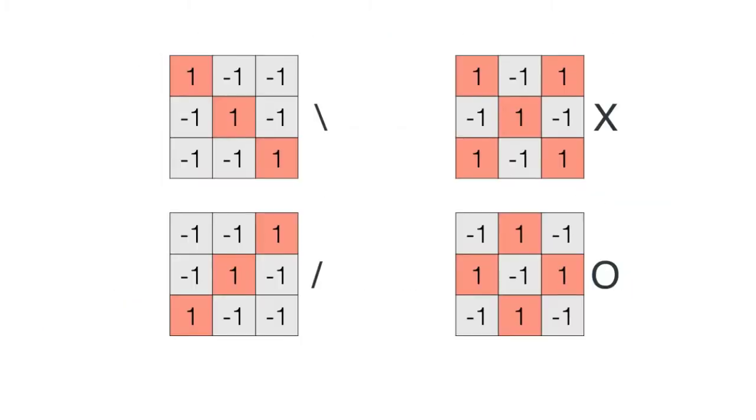So this is how we can visualize our classifiers for the forward slash and the backslash, so that we can make our alphabets in the form of classifiers, which is shown on the right, that is X and O. But the question is how to create a classifier which sets these letters apart.